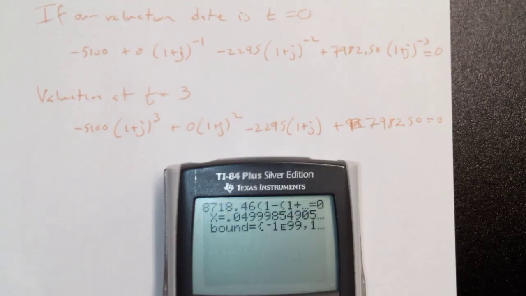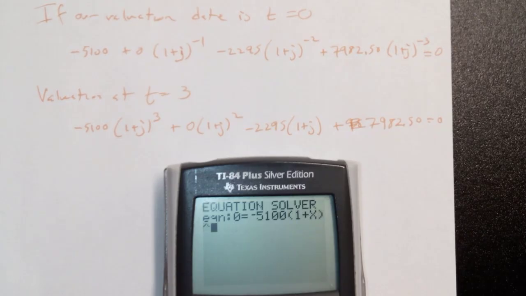Solver. Go up, clear the equation. 0 equals. Which one do you want to use? Top one or the bottom one? Okay. Minus 5100 parentheses 1 plus x to the third plus 0. I'm not going to worry about it.